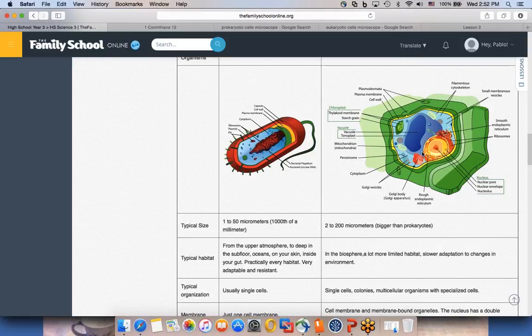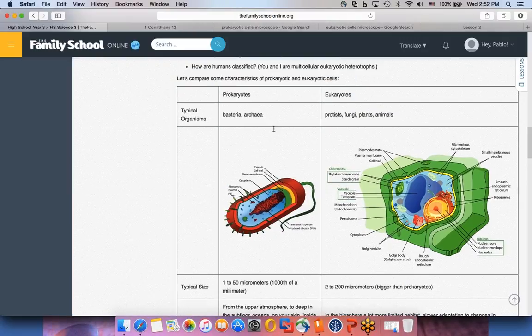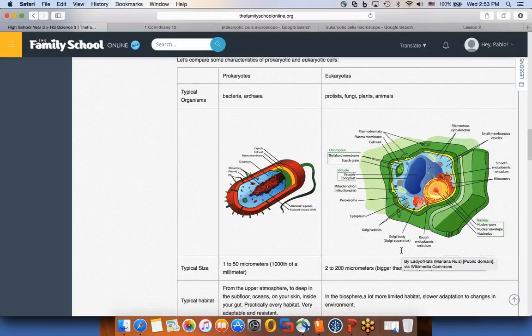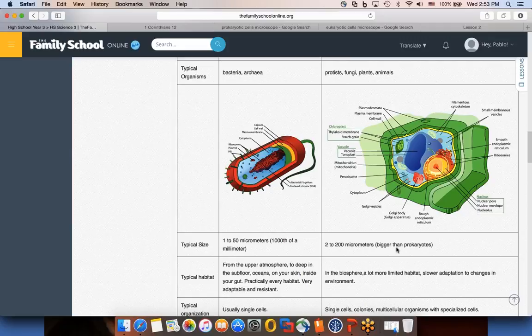Okay, so the prokaryotes are smaller. These ones are way smaller. Yeah. So the eukaryotes are much larger. They are sometimes 200 times larger than the prokaryotes.